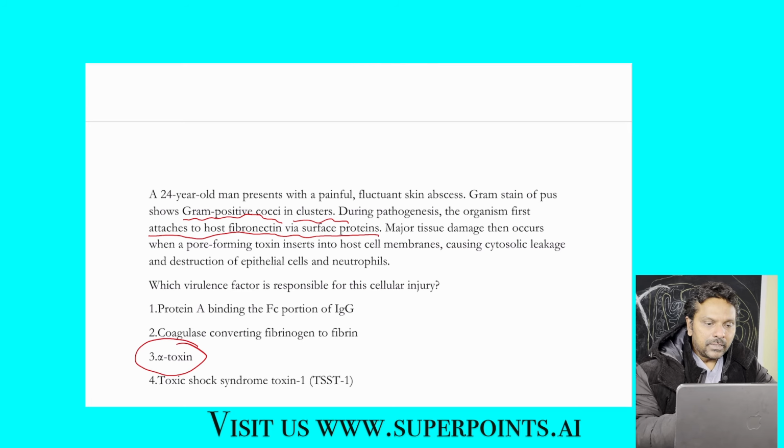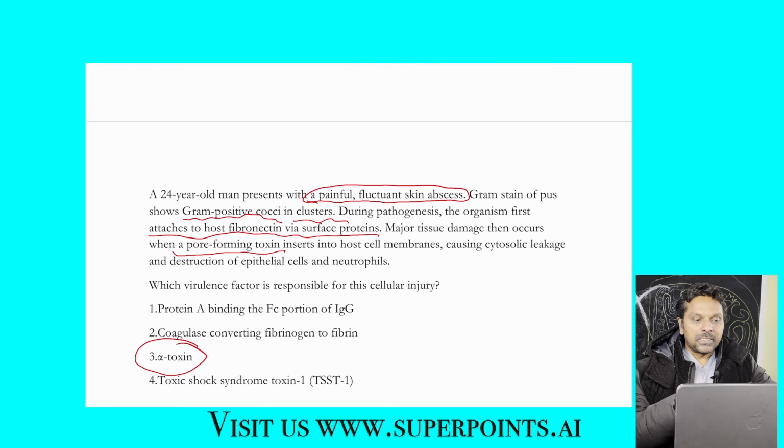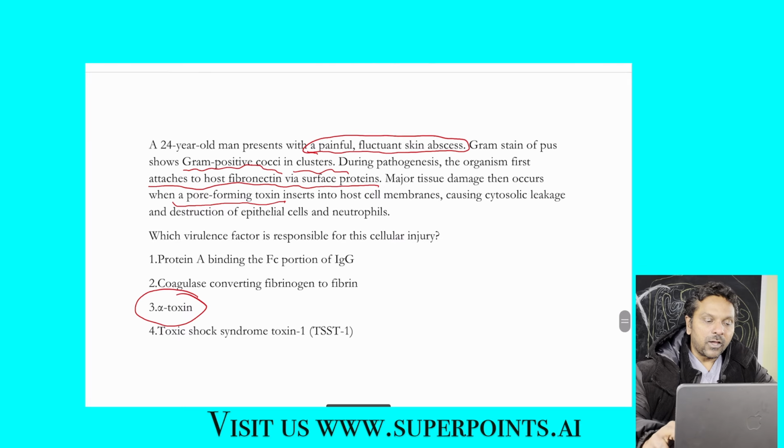And they are saying a painful fluctuant skin abscess, which is very important information. By that, you should already be thinking about Staphylococcus. Then it's a pore-forming toxin. So this question is about what pore-forming toxin is secreted by Staphylococcus aureus. That is the alpha toxin.